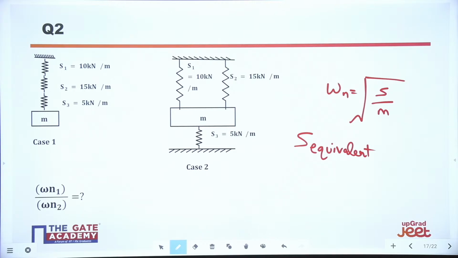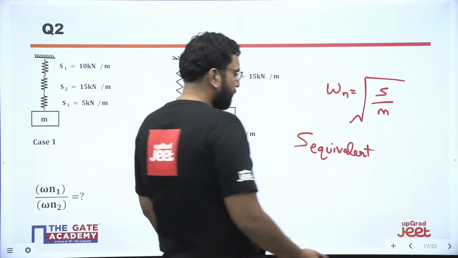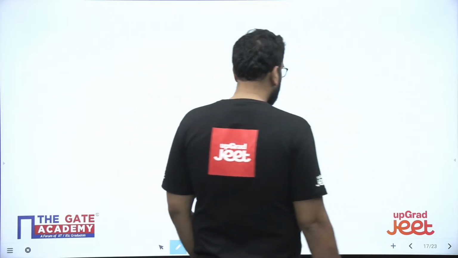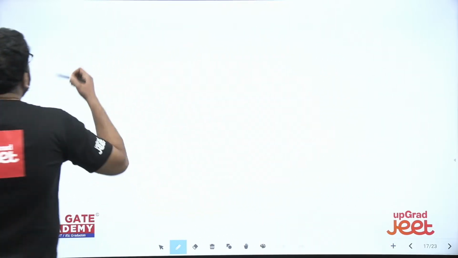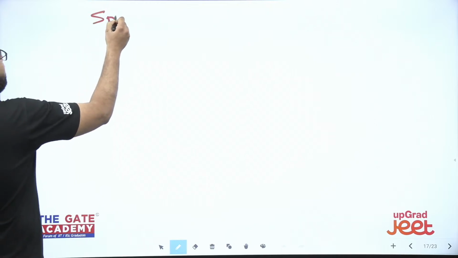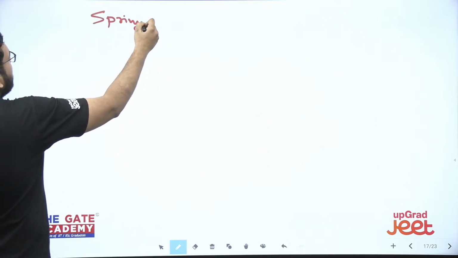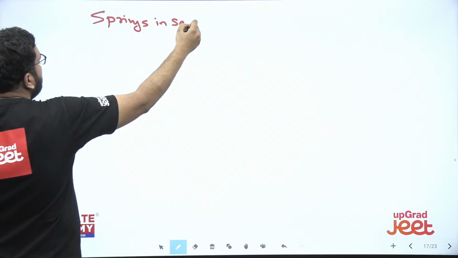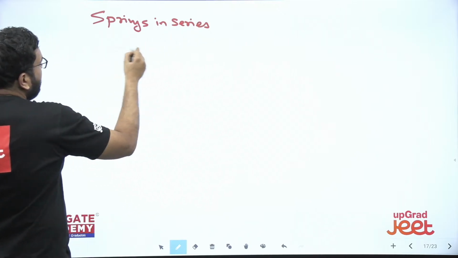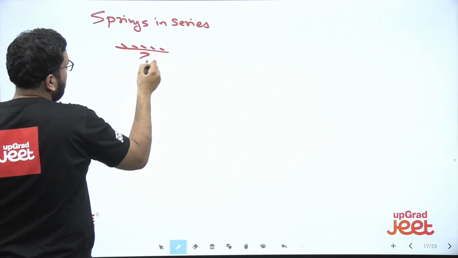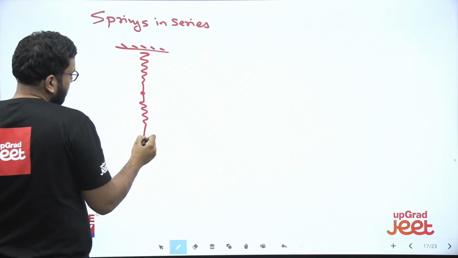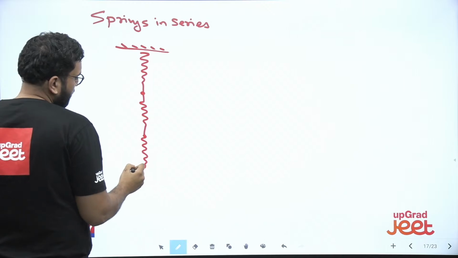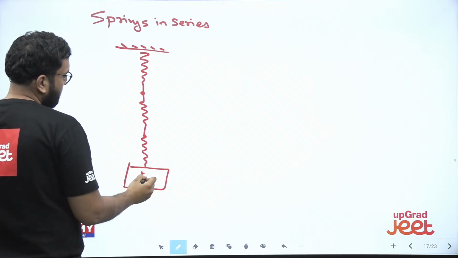Okay. Now, how can we deal with this kind of question? All we are required to find is the equivalent stiffness. When the springs are in series, they look like this, one after the other.